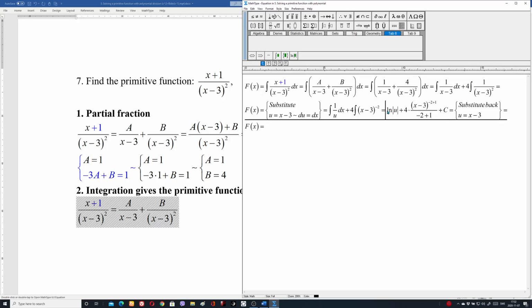This one is the same. Everything is the same. But here will be just minus 1, because 2 minus 2 plus 1 is the minus 1. And here will be just minus 1. And this one is the same.